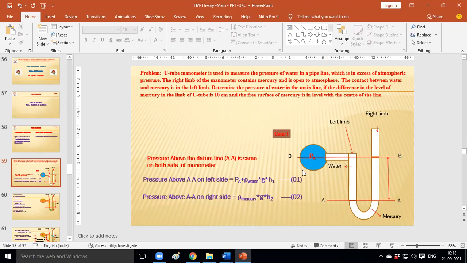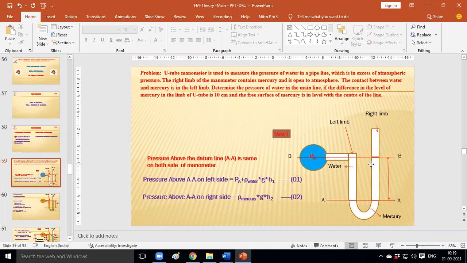BB dash is which line? Center line of the pipeline. So mercury we need to show at this location in the right limb, the free surface of mercury in the right limb.